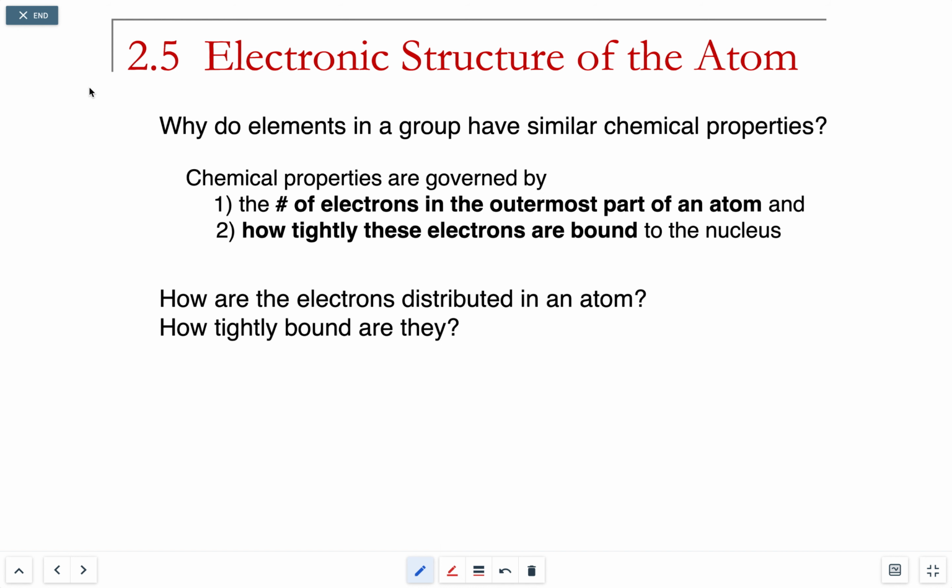Well, if we look at group 1 and 2 elements, we'll just look at lithium and sodium. You can keep on going down to potassium, rubidium, and cesium, beryllium, and magnesium here. And how about group 17 elements?